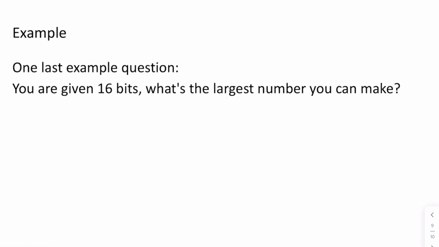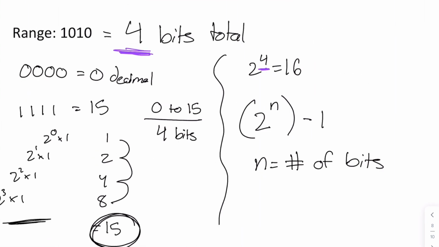So 2 to the 4th is 16, and then you just subtract 1, and that equals 15, which is our range. So for binary, and right now we're doing unsigned. Unsigned means that you don't really take positive or negative into account. It's simply just the number, which will be, in this case, 15, right? So the range for 4 bits is 0 to 15.